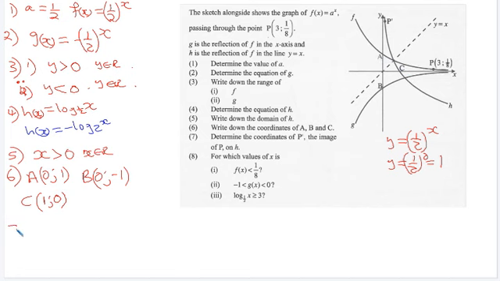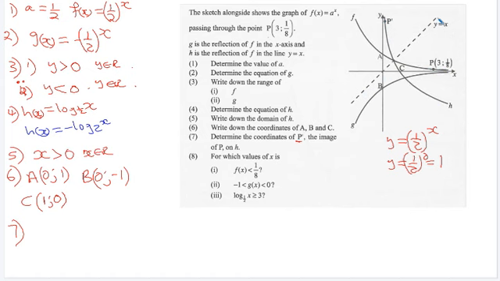And then 7. Determine the coordinates of the image of P. Alright, determine, the correct way of saying it is, we have a P. So determine the coordinates of the first image of P. There is the image of P, and this is the original P. And remember, for us to get this, we reflected P in the line y is equal to x.